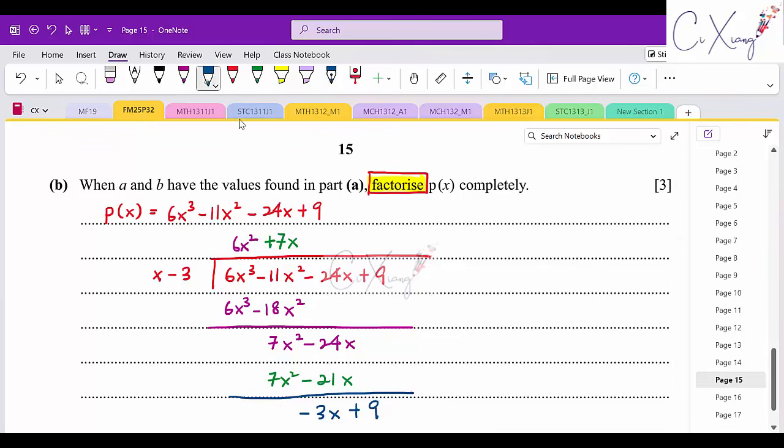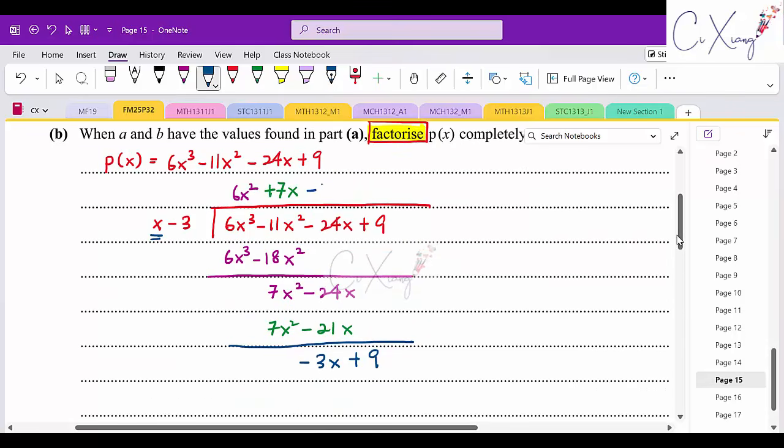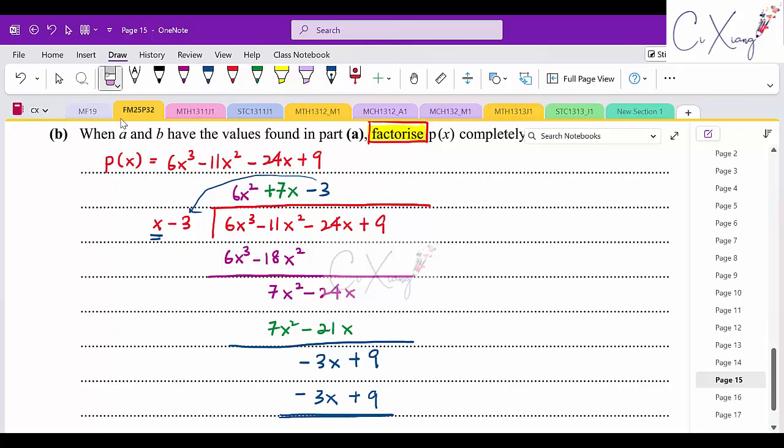Something multiplied with x to get negative 3x should be negative 3. Negative 3 multiplied with x gives negative 3x. Then negative 3 also multiplies with negative 3, giving a positive 9. When you subtract, you get no remainder. It equals 0.